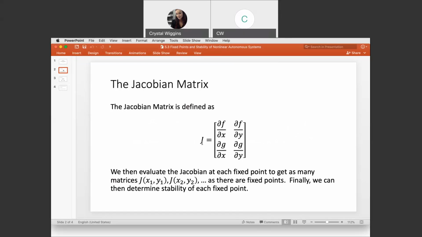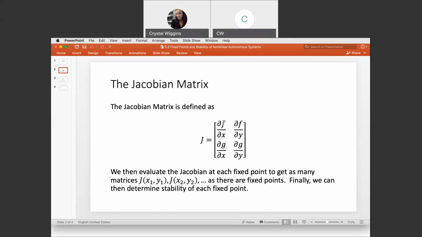So the Jacobian matrix can be as big as it needs to be depending on how many variables. However many variables you have, you'll have columns, and however many functions in the system you have, you'll have rows.